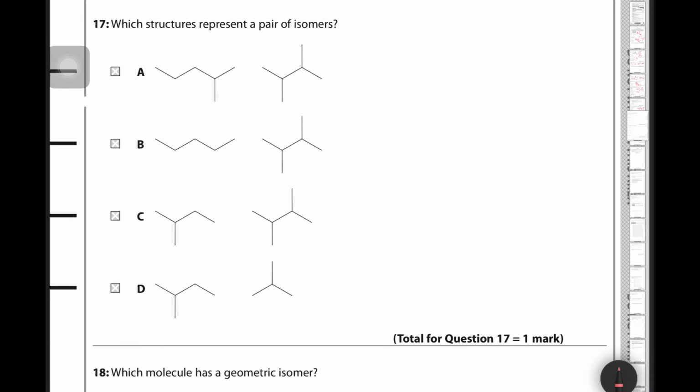Okay, which structure represents a pair of isomers? So basically you should know that isomer means same molecular formula but different structural formula, right? Let's check the molecular formula first.